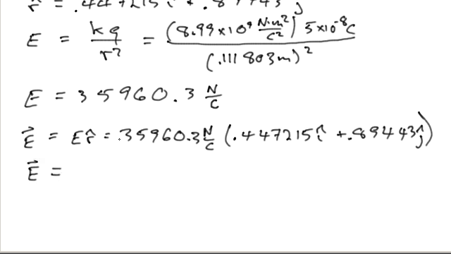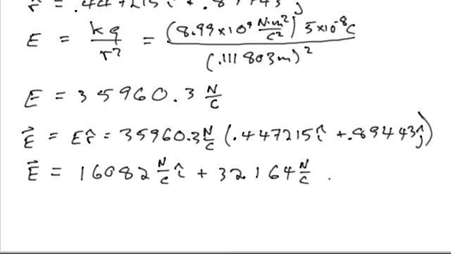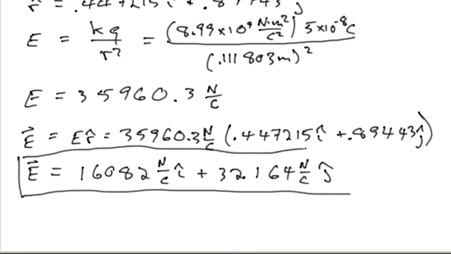is equal to 16082 newtons per coulomb I plus 32,164 newtons per coulomb times J. So unless I've made mistakes here, and I can consider the checks to be checks on both things, if it doesn't work out I can look for mistakes here as well as in the code.